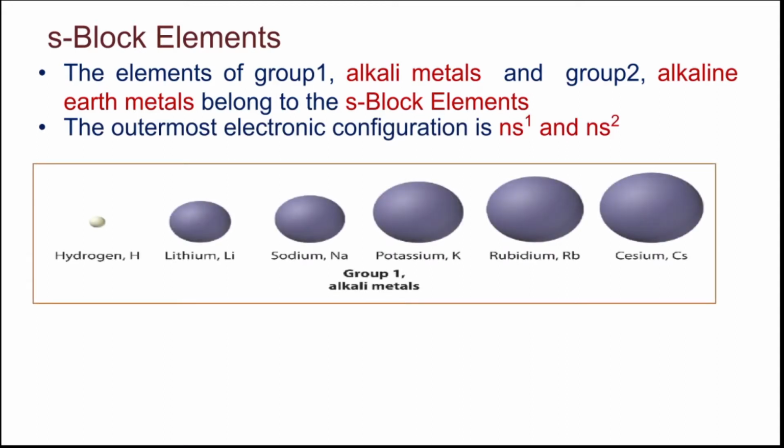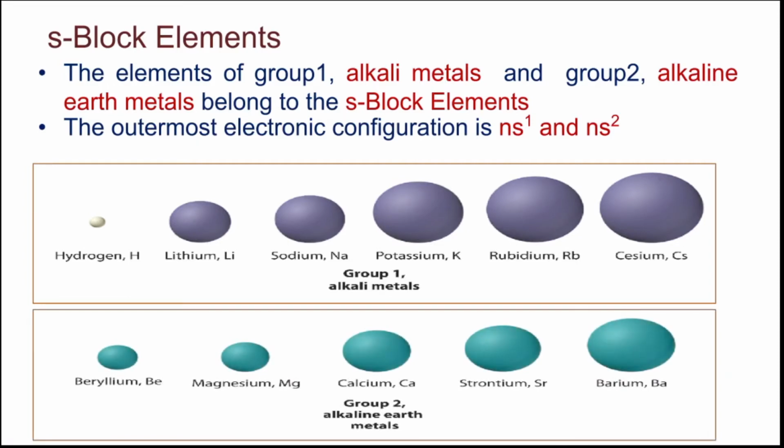As you see here, hydrogen, lithium, sodium, potassium, rubidium and cesium belong to group 1, our alkali metals, and beryllium, magnesium, calcium, strontium and barium come in group 2, the alkaline earth metals. These two groups have a general electronic configuration of ns1 to 2; either ns1 or ns2. So they belong to the s block elements.